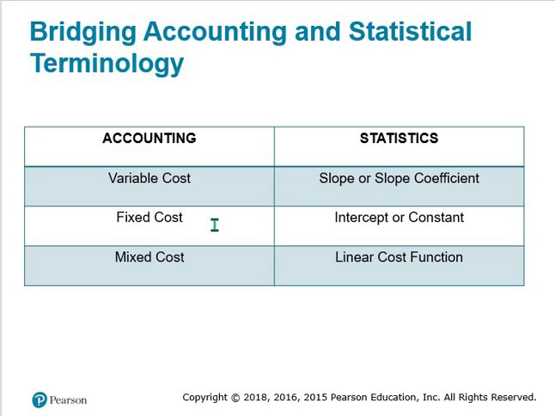The accounting fixed cost is the intercept, or the constant, the component of the total cost that does not vary with changes in the level of activity. And the accounting mixed cost is a linear cost function, a cost that has both fixed and variable components. Okay, I don't know if you've made these connections before, but these are good thoughts.